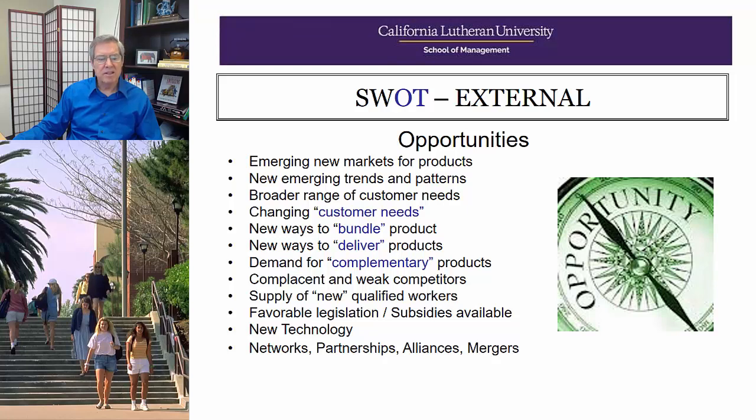So looking at this, are there changing customer needs? Is there a new way to bundle products that you offer? Now this could be bundling them products that you supply, or combining with a new partner to offer a new product. A new way to deliver products, or is the demand for complementary products or services that you offer?